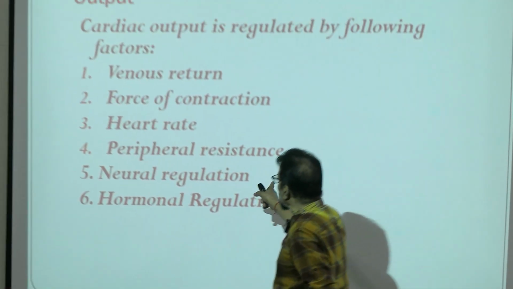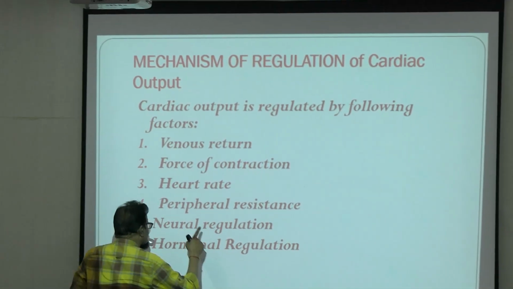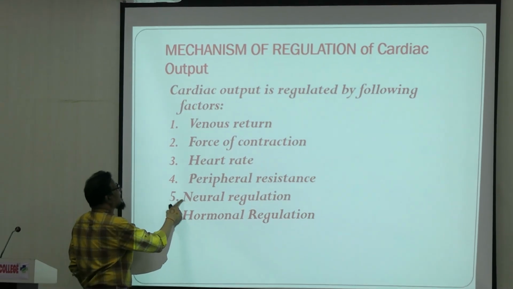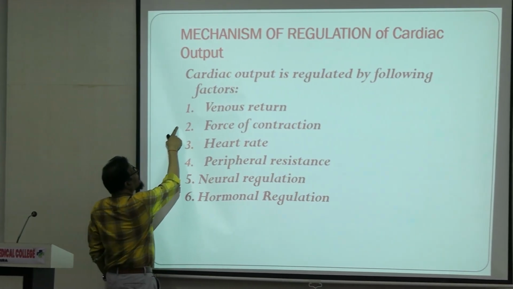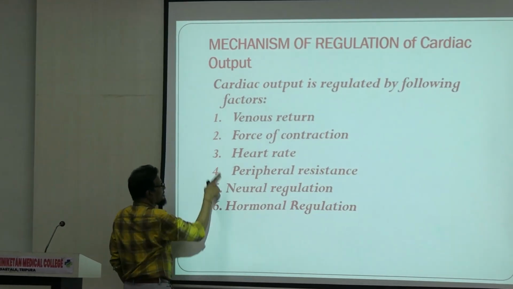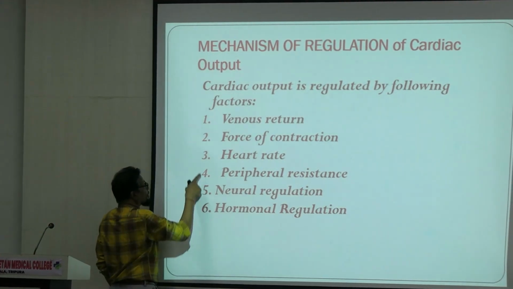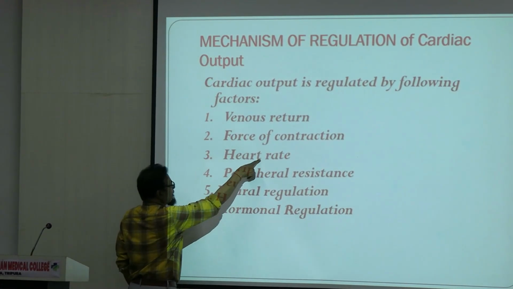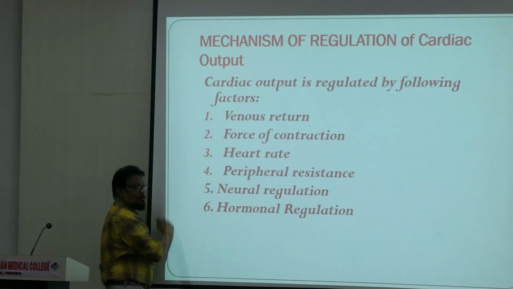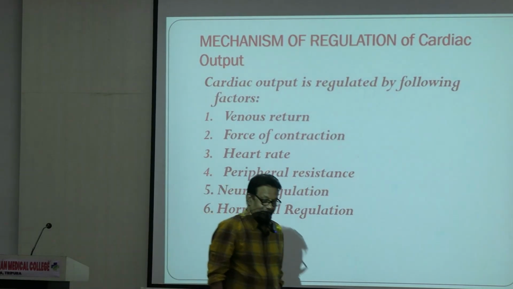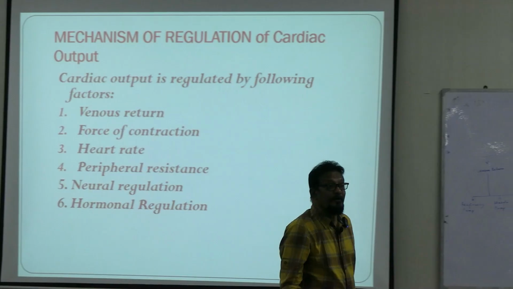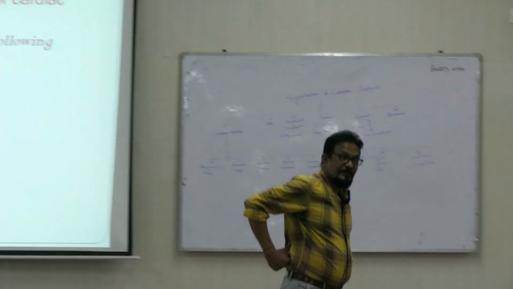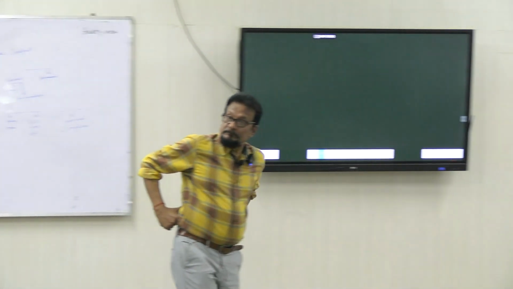And there are 2 other factors, neural factors. Actually, these neural factors exhibit their action through changing heart rate. And hormonal regulation, particularly the adrenaline secreted from the adrenal medulla.